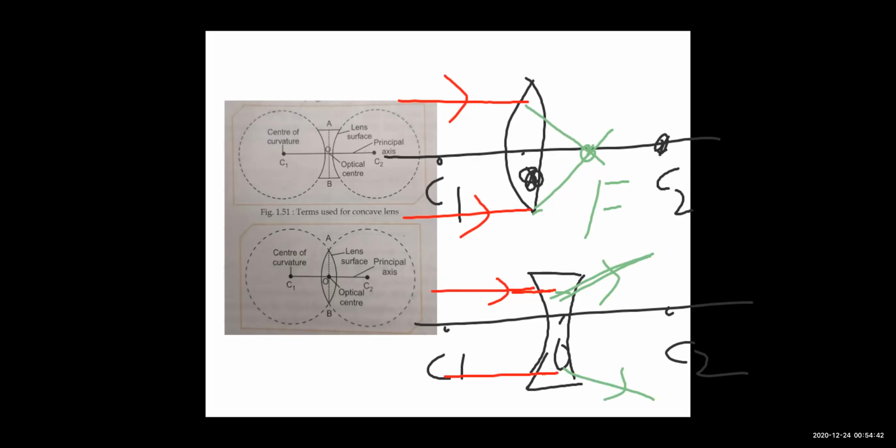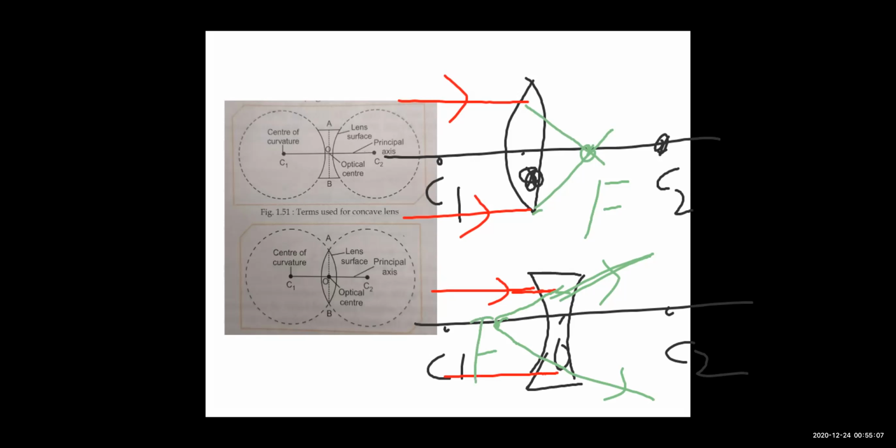Now if the two refracted rays do not meet, then where will the image form? If we extend them backwards, then it will appear that they are meeting at a point on the principal axis. This point on the principal axis where the refracted rays appear to meet, right, that is your principal focus for your concave lens.